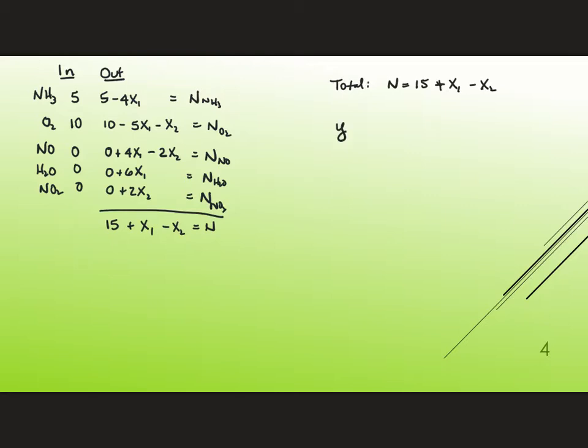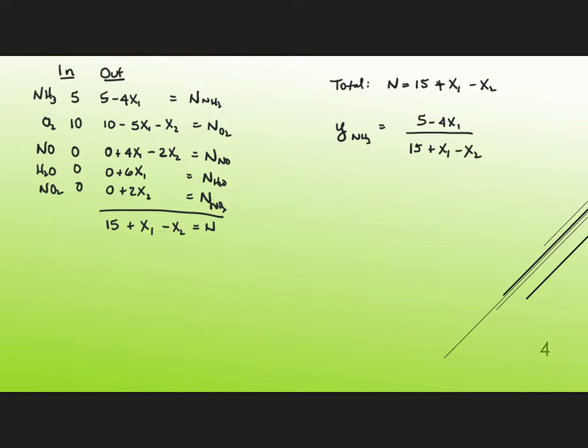I could use that if I wanted to. I could tell you what the mole fraction at the exit would be. So for instance, for NH3, it's the number of moles of NH3 divided by the total number of moles. Right?